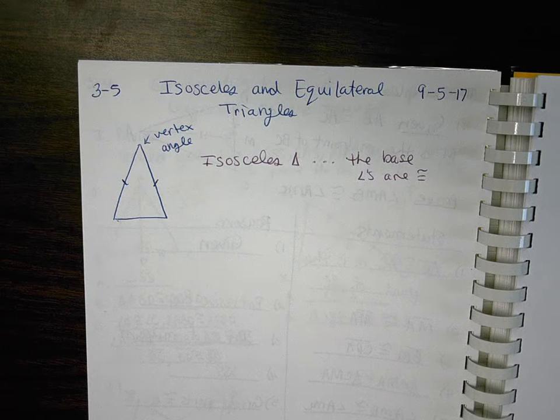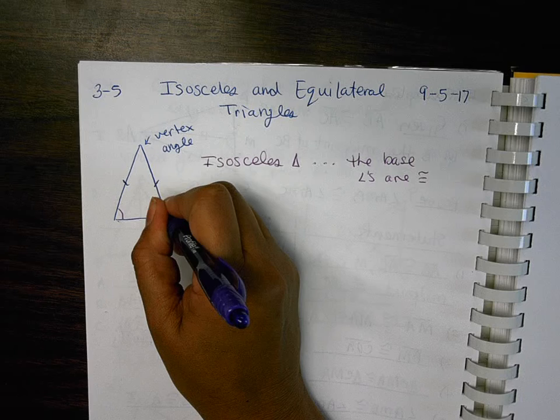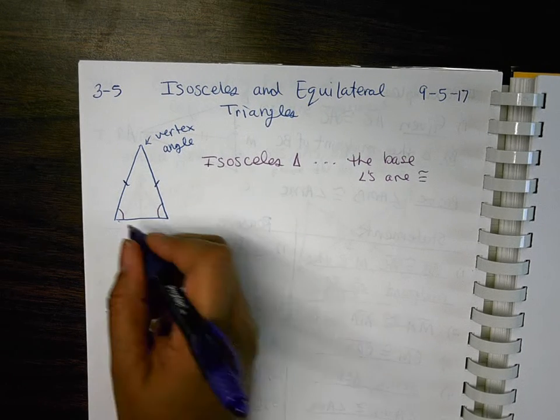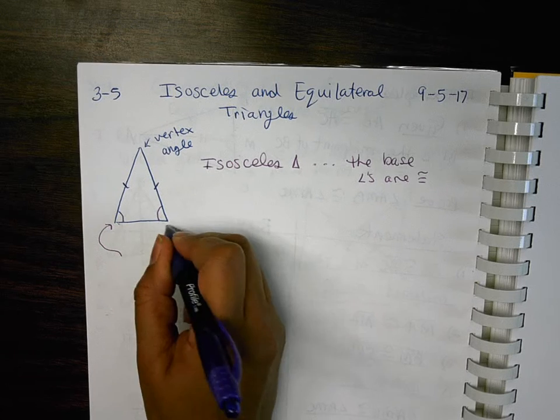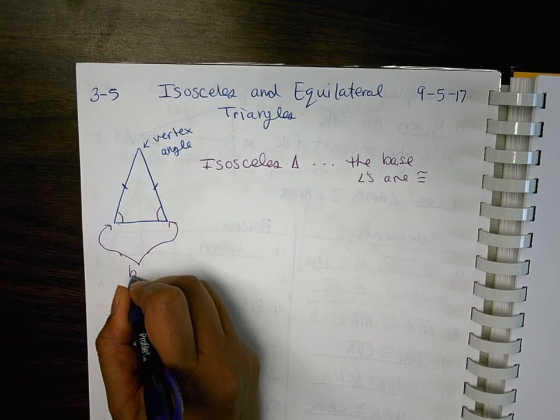All right. Anybody know where the base angles are in an isosceles triangle? Are they the two angles on the bottom? The two angles at the bottom are correct. Good job. So I'm going to put a marking here and here. Let's label these. What are those called?